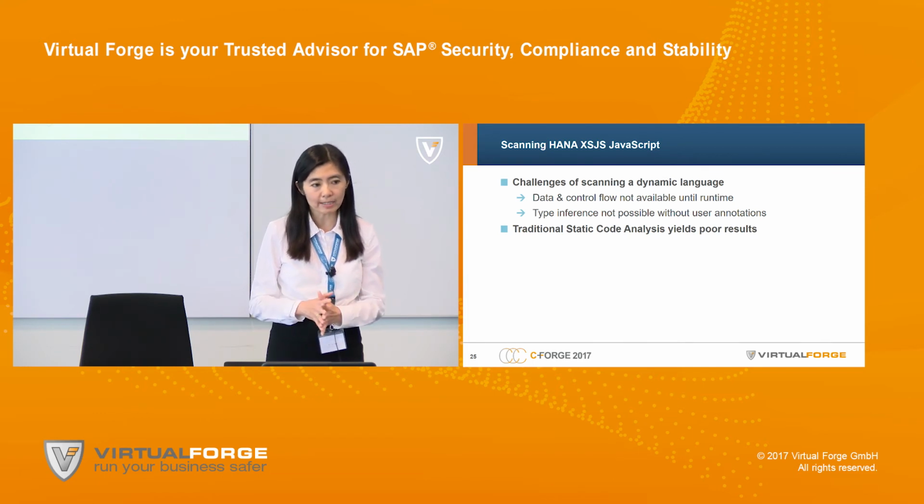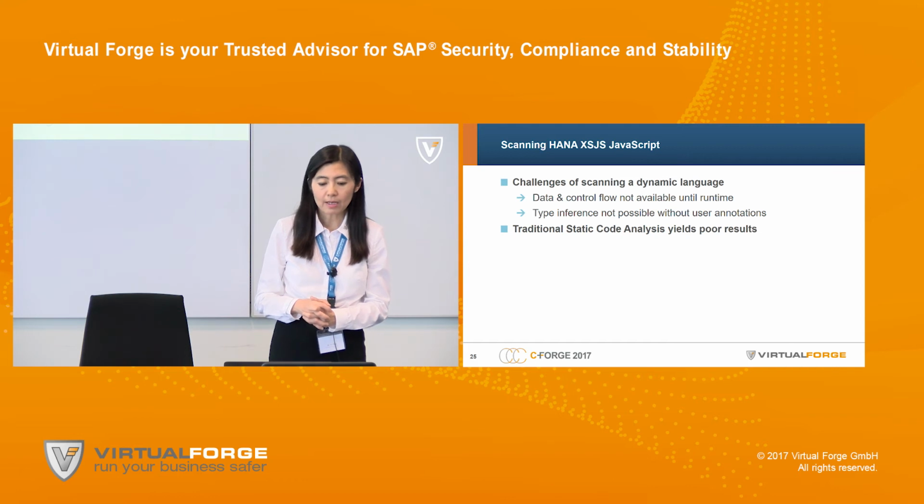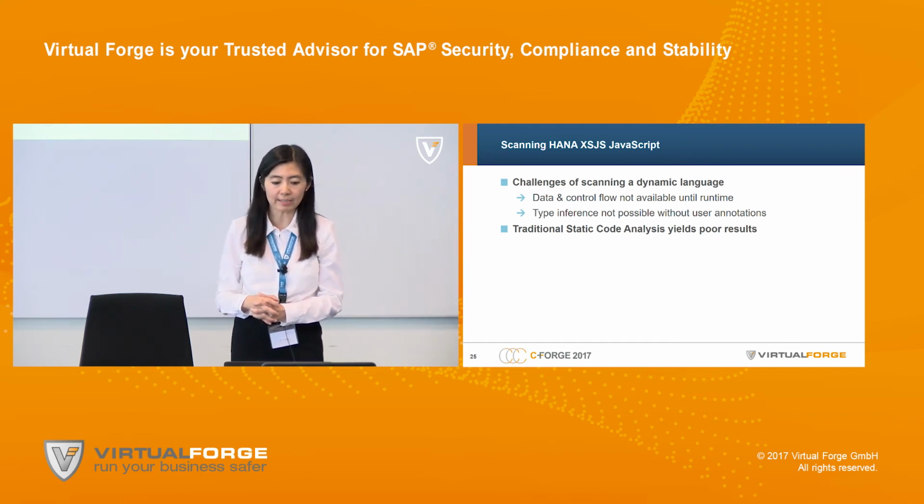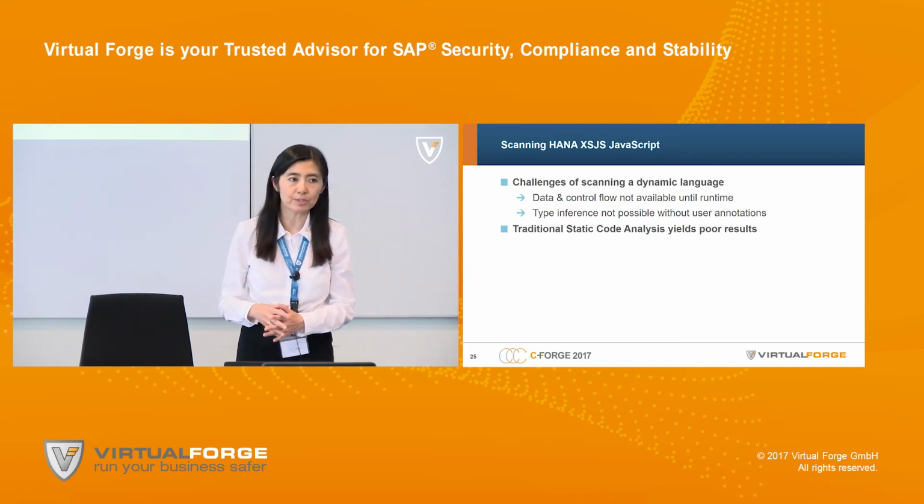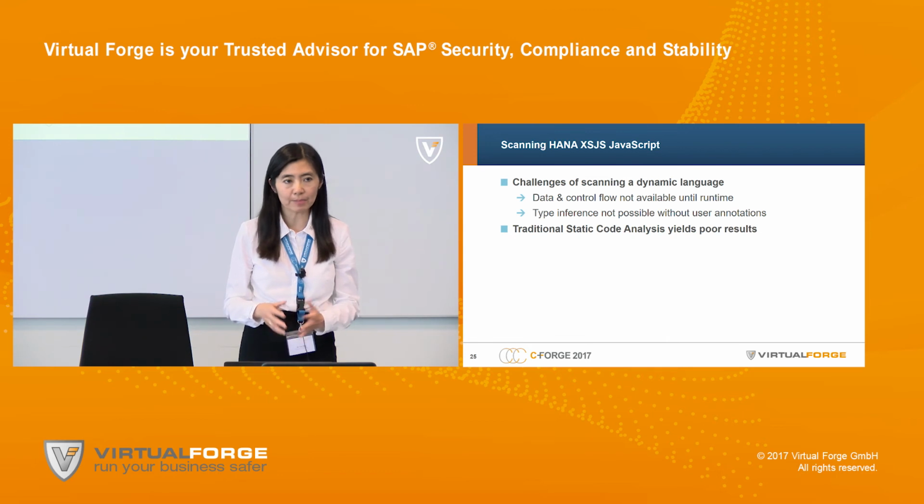And at compile time, you also don't know the data or control flow. So normally, the traditional static code analysis will produce a large number of false positives. People are struggling to achieve a balance between false positives and false negatives.